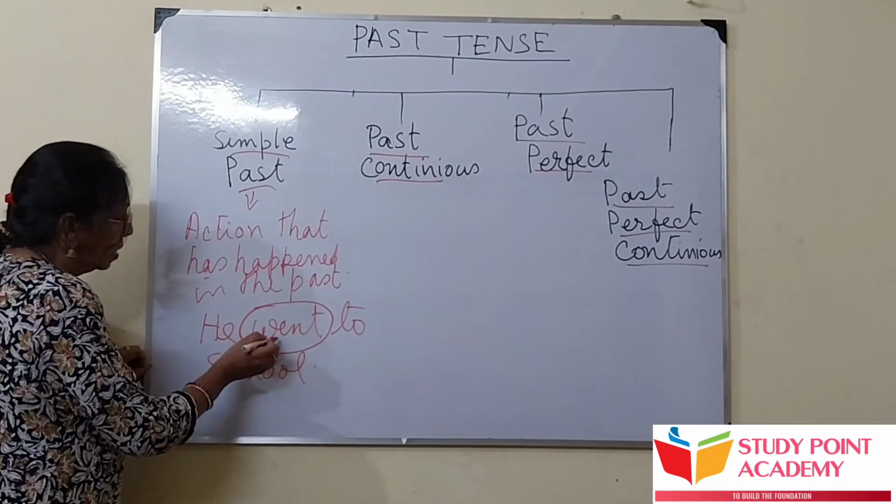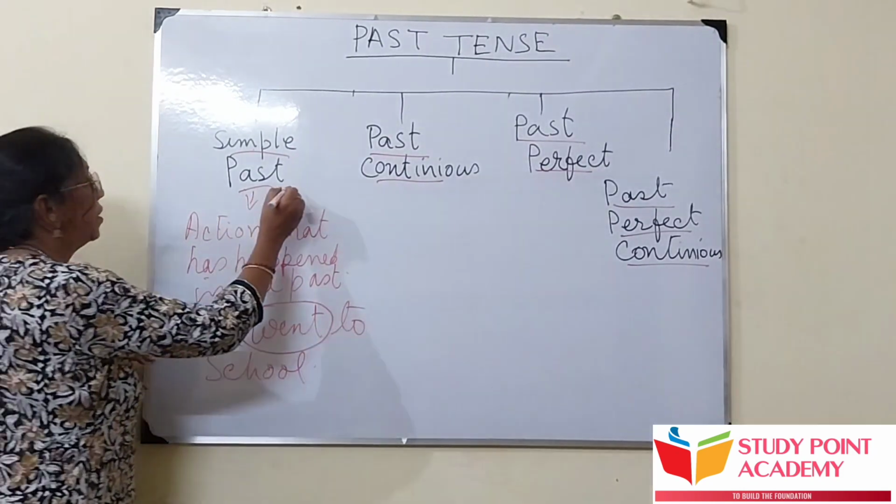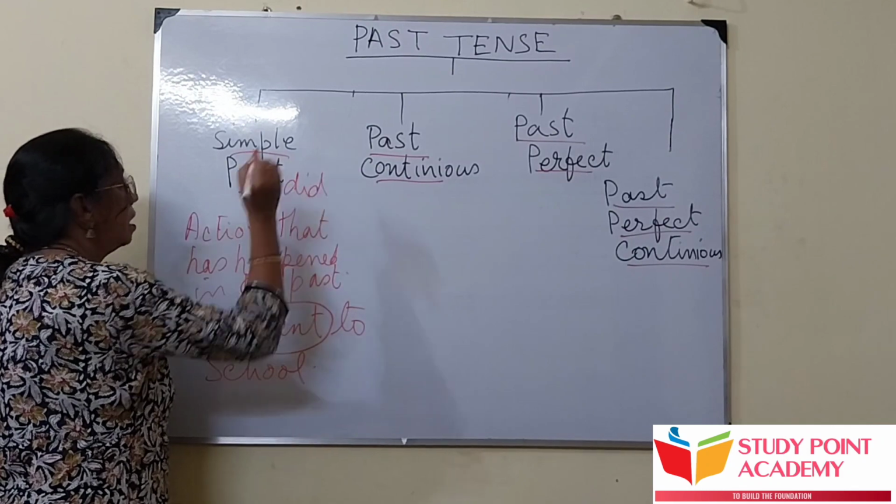Now in simple past, the auxiliary verb used is did.